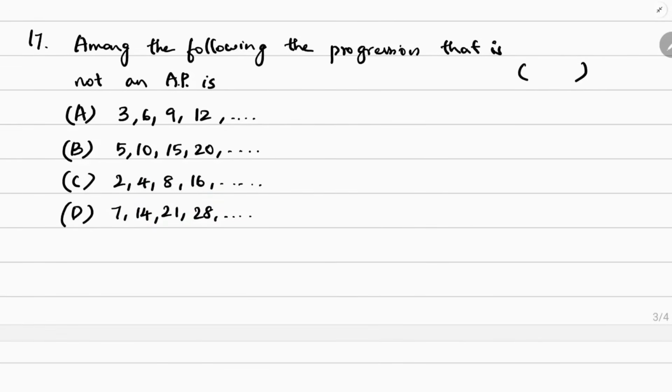So to check for AP, the condition is A2 minus A1 should be equal to A3 minus A2. Third one, if you check for this, see 4 minus 2 and 8 minus 4. 2 equals 4. This is not possible. So it is not in AP. So the correct option is C.